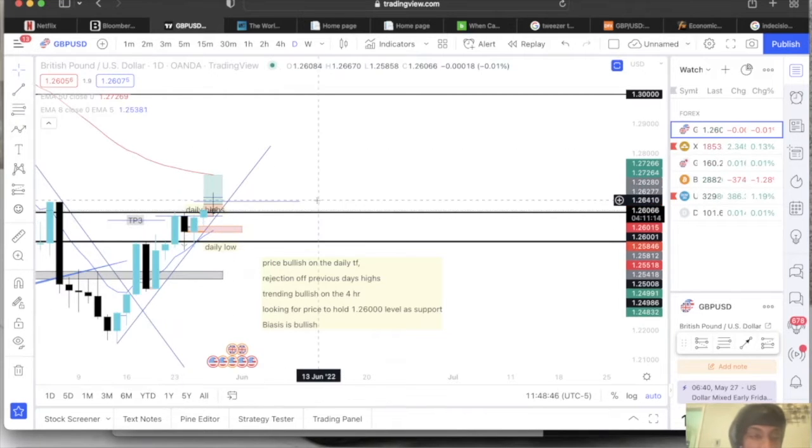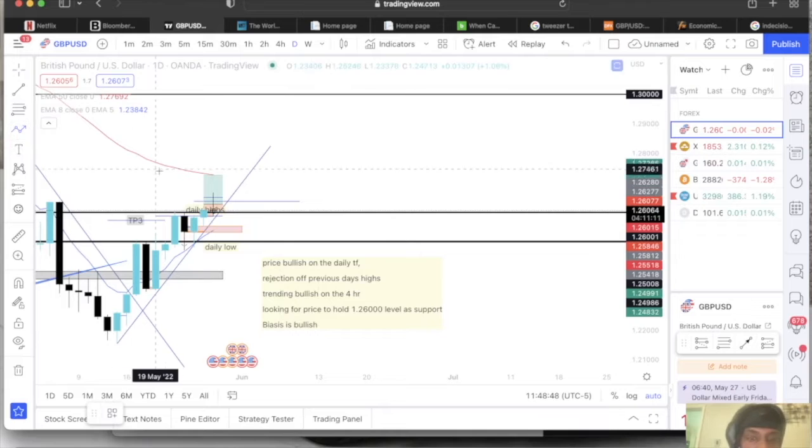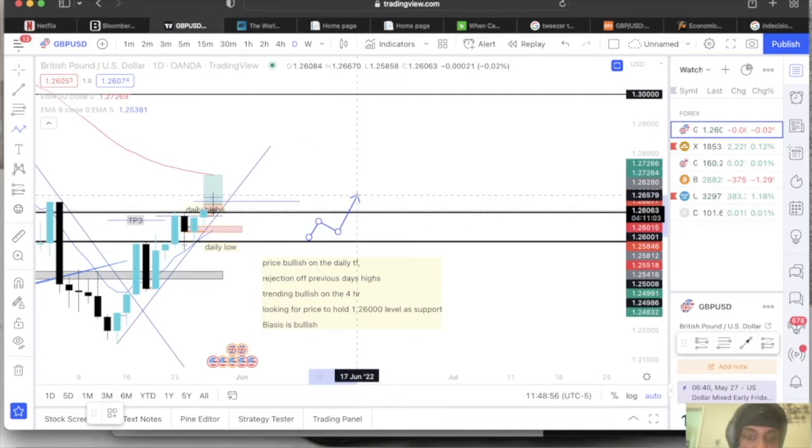Okay, price is not gonna go below that level. And the markets will move like this: come and test support, and if it holds as support, support is below, resistance is on top, price will reject off support and go and hit the resistance.